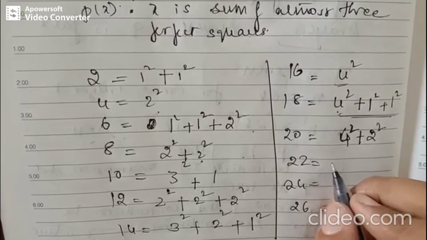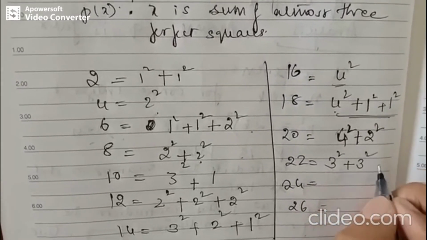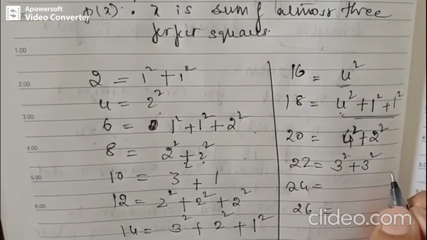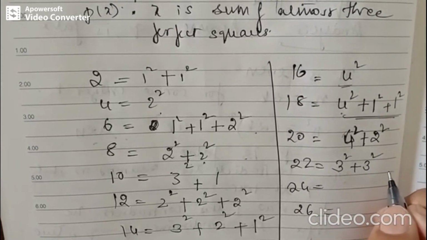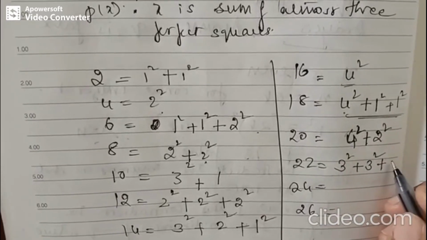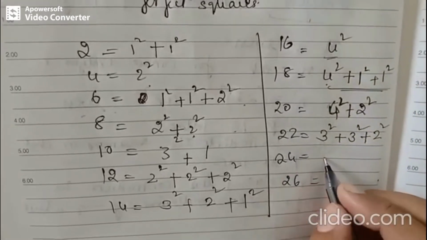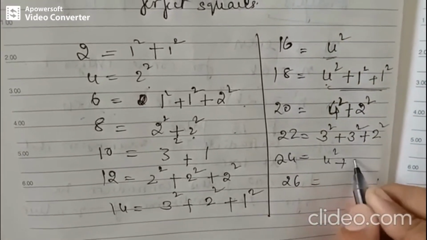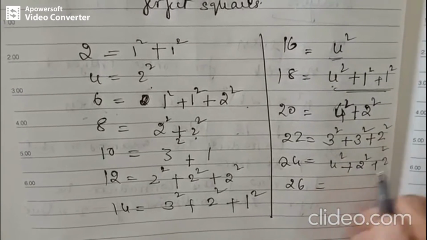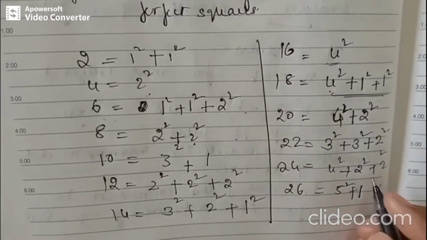Next, 22 can be written as 3 square plus 3 square, which will be 18, 18 plus 4, which will be 22. Okay. So next, 24 can be written as 4 square plus 2 square plus 2 square. Similarly, 26 can be written as 5 square plus 1 square.